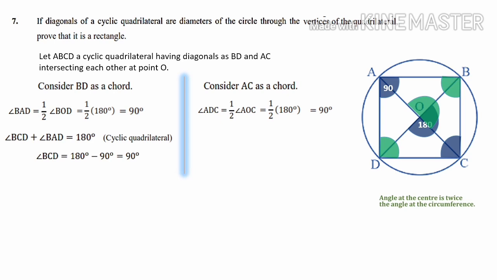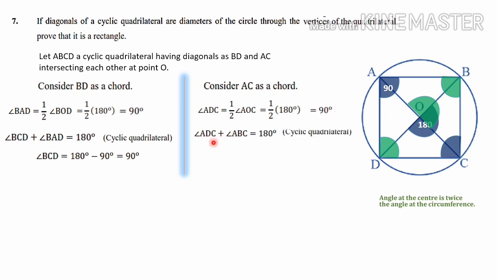Then as before, we have to take the opposite angles of a cyclic quadrilateral. Here this one is marked in green, and here also marked in green. So these two angles, angle B and angle D, are the opposite angles of a cyclic quadrilateral, so their sum is 180 degrees. So angle ADC plus angle ABC is equal to 180 degrees. Here we have calculated angle ADC as 90 degrees.